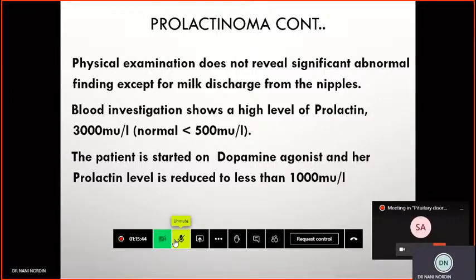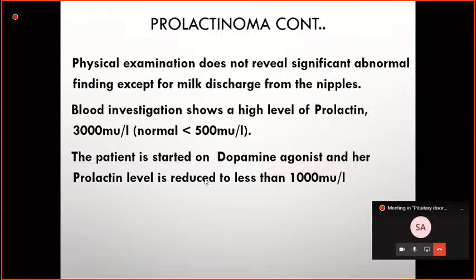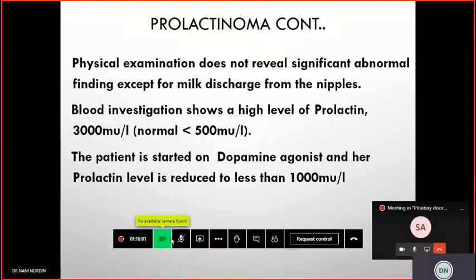But on top of that, you might have an increase in prolactin because there is a lack of inhibition of prolactin by the dopamine. Okay. So yes, pituitary stalk damage.